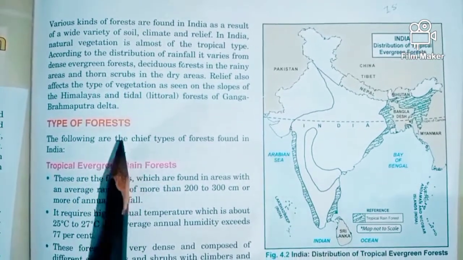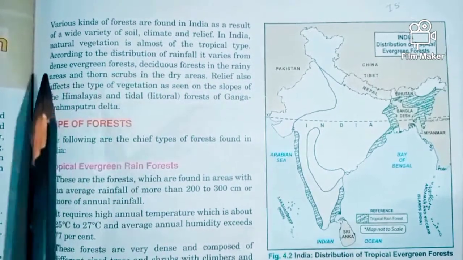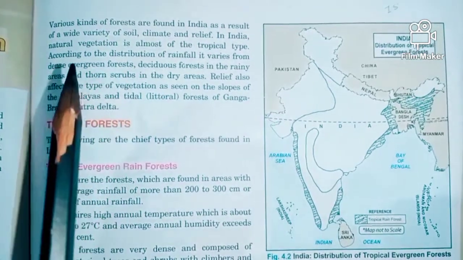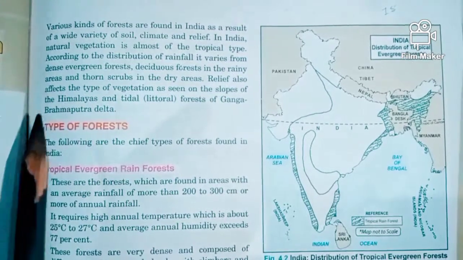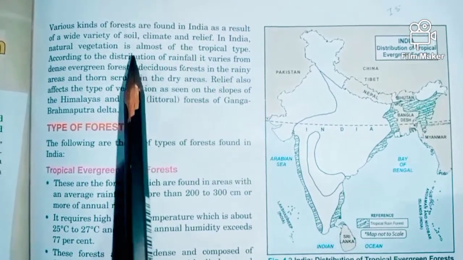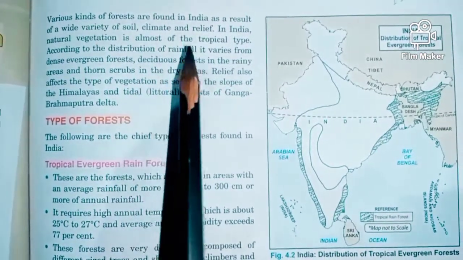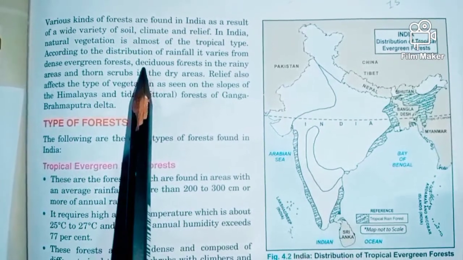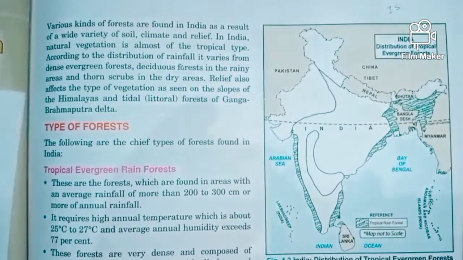But almost we have the tropical type of natural vegetation in India, in general. It also has some differences in the forest according to the distribution of rainfall. Means in heaviest rainfall places we can have dense evergreen forest, in moderate rainfall we have deciduous, and where there is least rainfall there we have thorn shrubs.